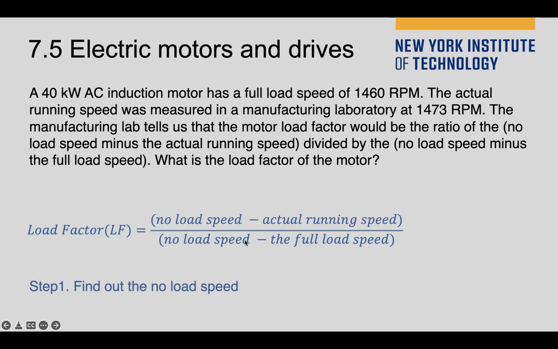Okay, so 7.5 is a 40 kilowatt AC induction motor, which has a full load speed of 1,460 RPM. The actual running speed was measured in a manufacturing laboratory at 1,475 RPM.